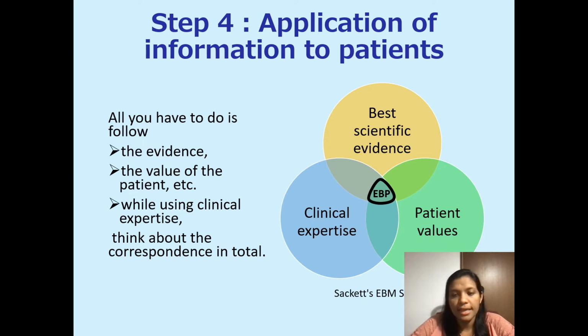Now we are in step 4 of EBP, and I would like to revise the definition of EBP. We have to apply three things: the evidence, the values of the patients, and the clinical expertise in decision making. So we have to think of all three components when we are applying EBP.